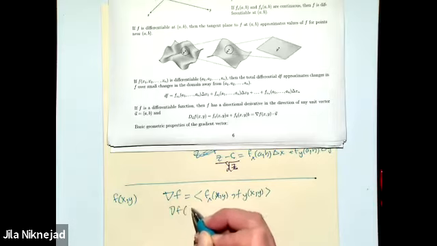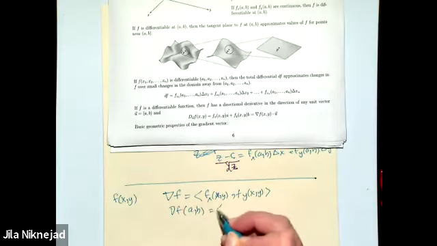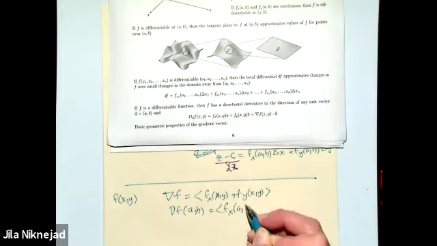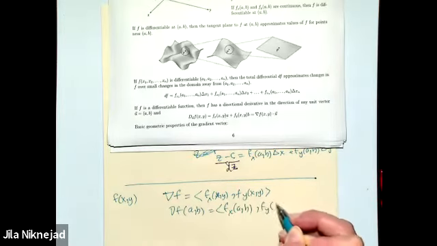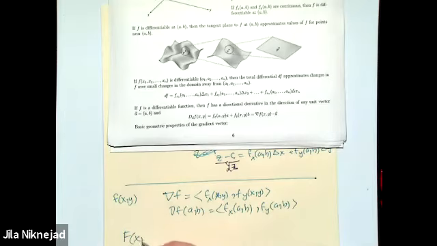Gradient of f at a and b is going to be f sub x of a and b, and f sub y of a and b. Now, if you have functions of more variables, then the gradient is going to be f sub x, f sub y, f sub z.